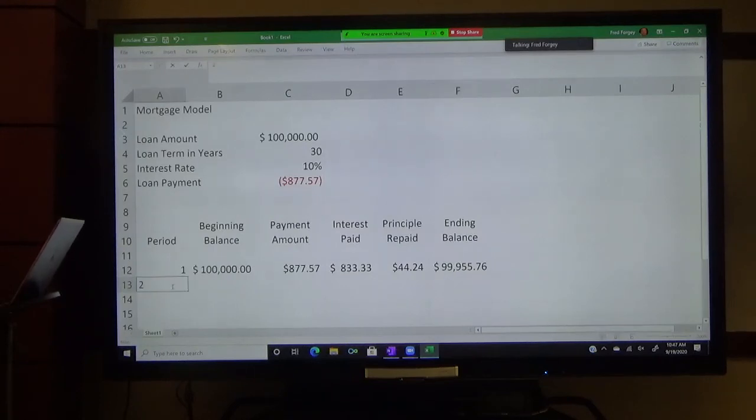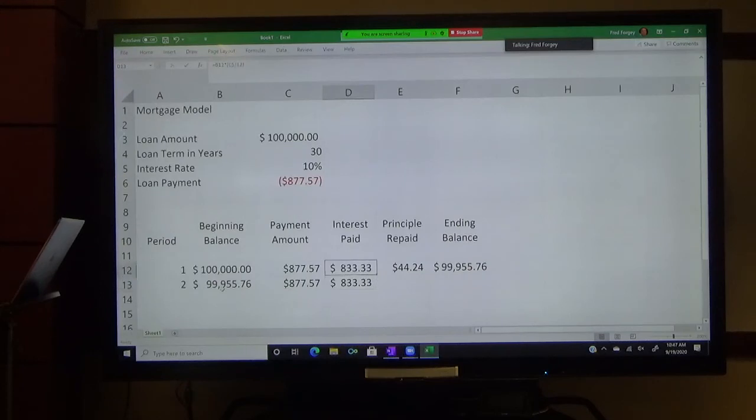Then we come down to period number 2, and the beginning balance for period number 2 is the ending balance for period 1. All right. Our payment is going to stay constant. Now, our interest, we should be able to just copy it down.